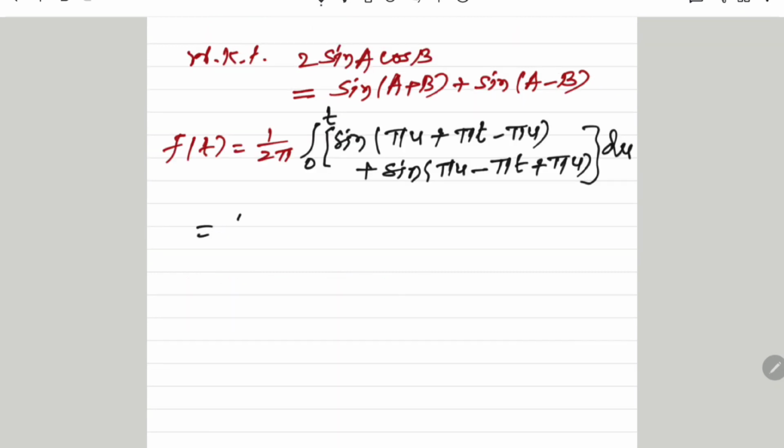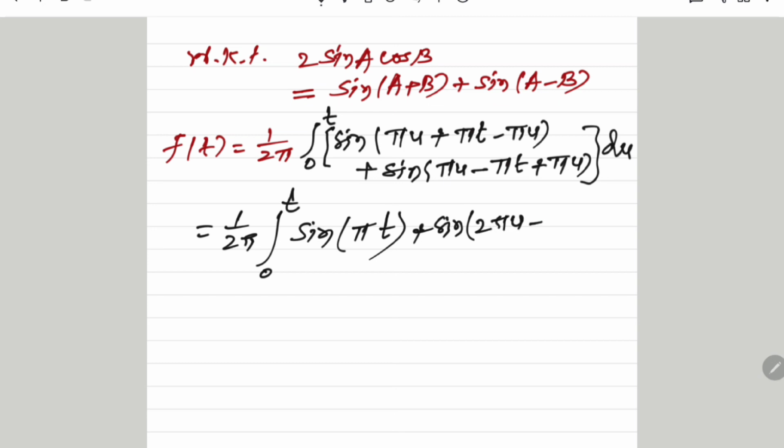Simplifying it further, 1 by 2 pi integration from 0 to t sin of pi u gets cancelled. We have only sin of pi t plus sin of pi u plus pi u. We get 2 times pi u minus pi t, and then its integration with respect to u.